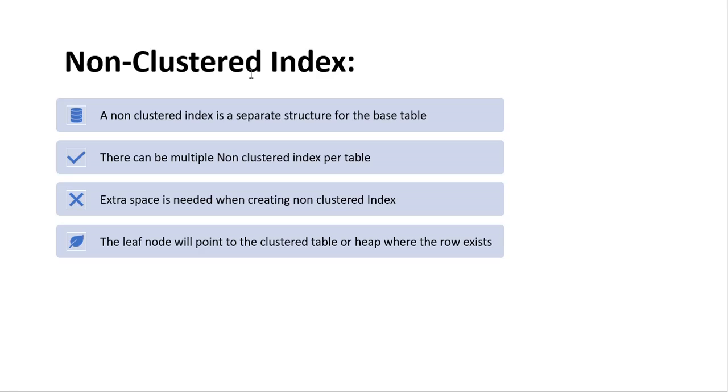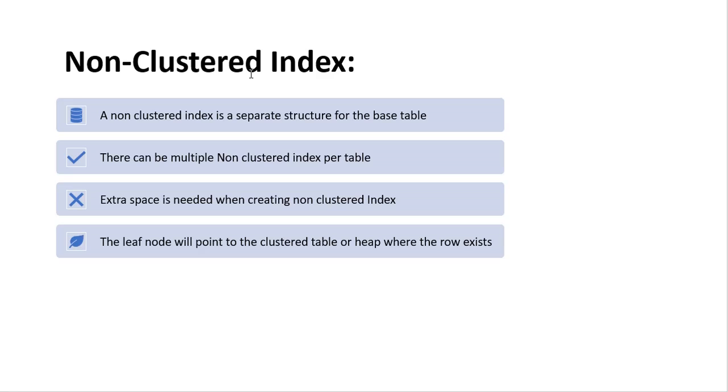The second point is that we have the option to create multiple non-clustered indexes in a single table. And third, whenever you create a non-clustered index, it always occupies more space on the hard drive. This is what I mentioned here: extra space is needed when creating a non-clustered index.